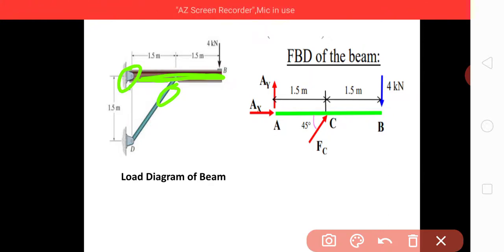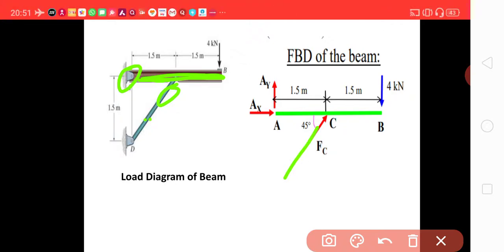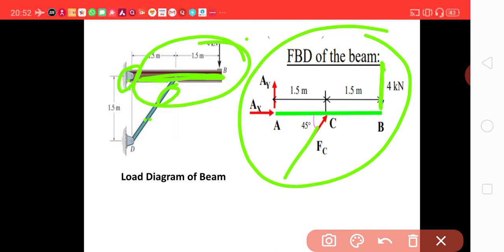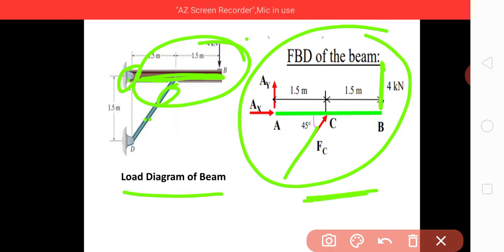Here we have shown this push for this, and for this hinge we have shown this is a push and this is vertical. The force is 4 kilonewton acting here. So this constitutes a free body diagram for this beam. A load diagram, we call it, this is a free body diagram.